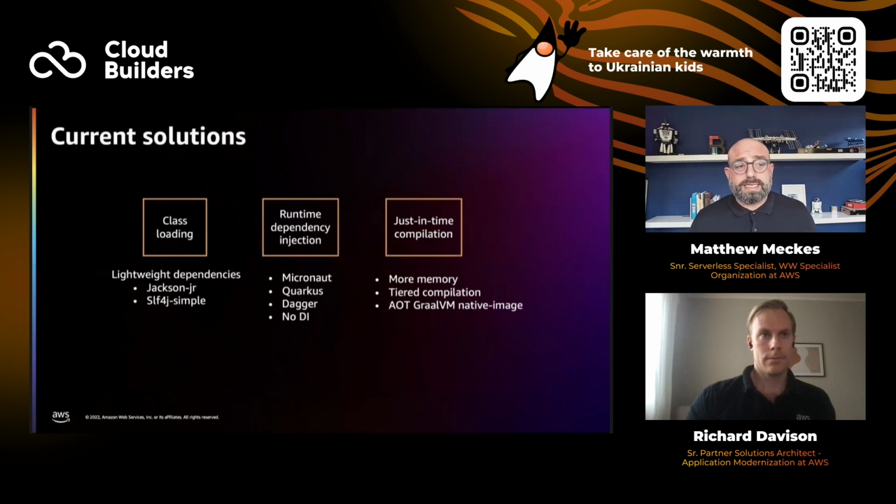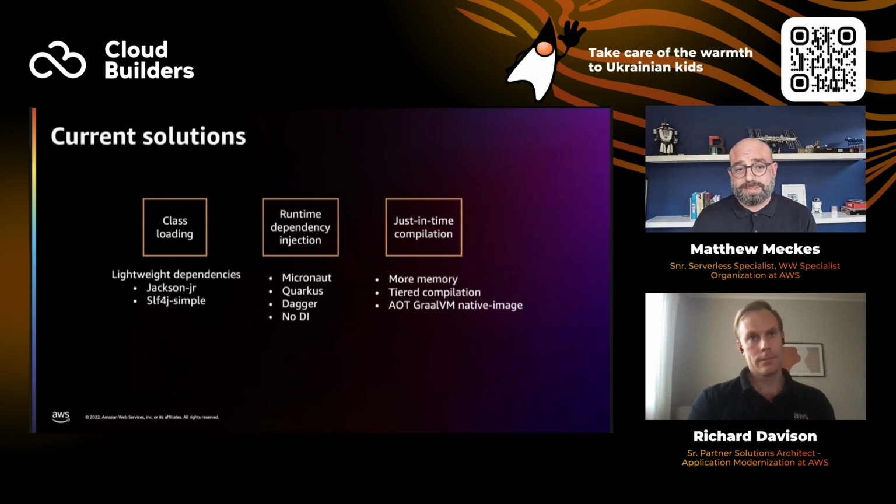And then there are things that we can do to address the time needed to JIT your code. So we can increase the memory of your function, but that does have an impact on cost. So with Lambda, we charge by the gigabyte second. So if we have to add more memory and more CPU in order to get faster startup time, we also charge you more for it.